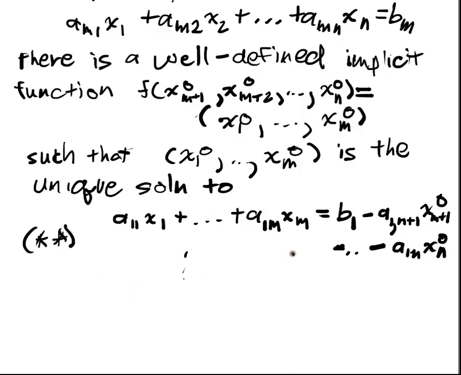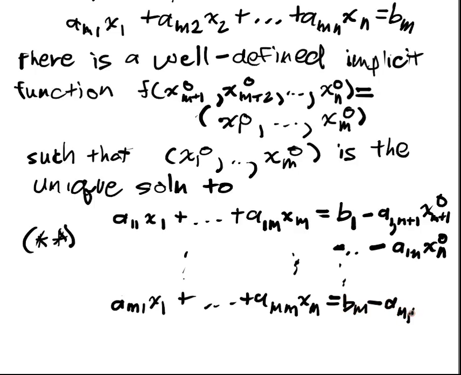So I have this system of equations. It goes through all the m many equations. am1 x1 plus ... plus amm xm is equal to bm minus am,m+1 x(m+1) naught minus ... minus amn xn naught. So this is a system.